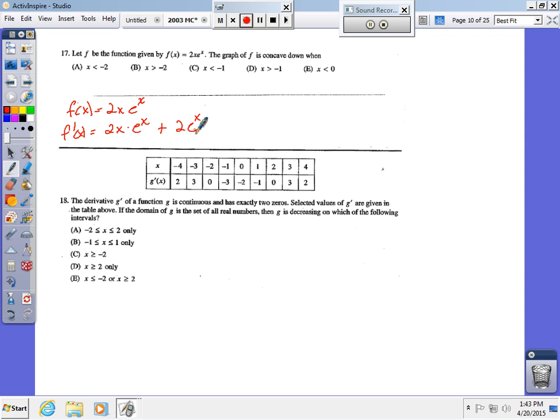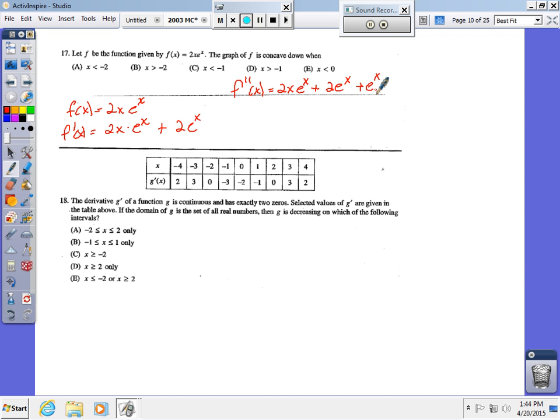After that, I'm going to take the second derivative of that, and it looks like a product rule in there. So f double prime would be, again, the first times the derivative of the second plus the derivative of the first times the second, and then plus 2e to the x.